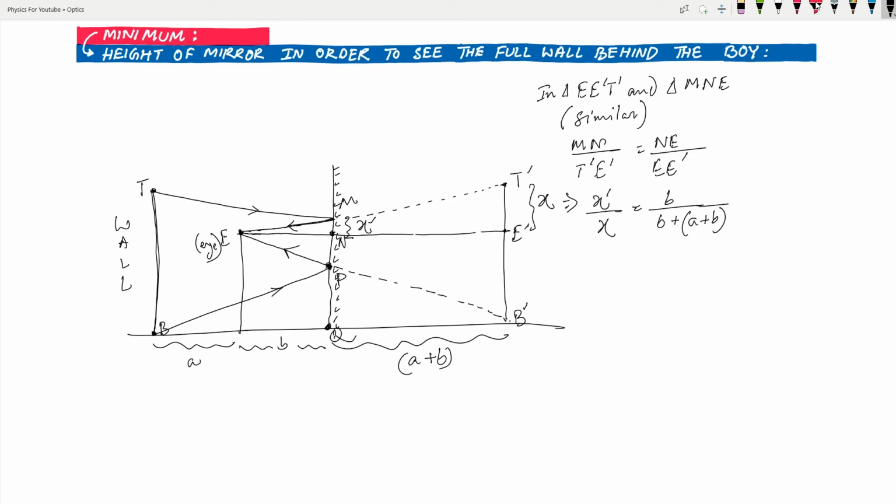Simple as that. Now if you solve this for X dash, then it will be X multiplied by B divided by A plus 2B.